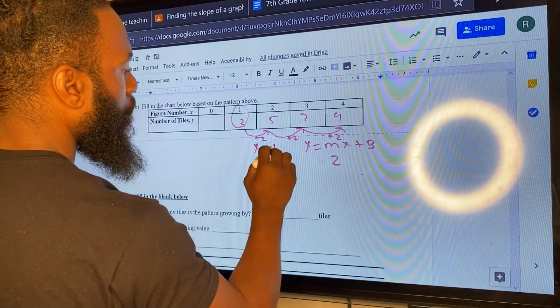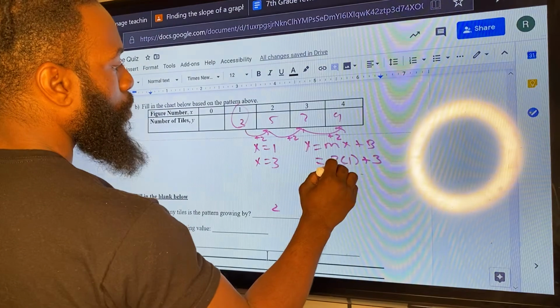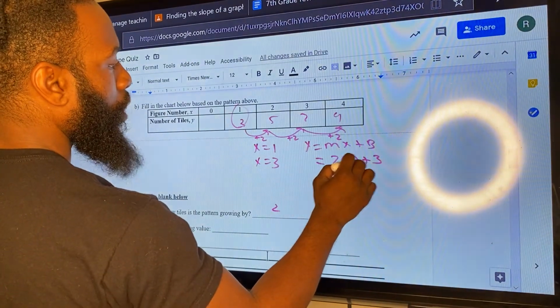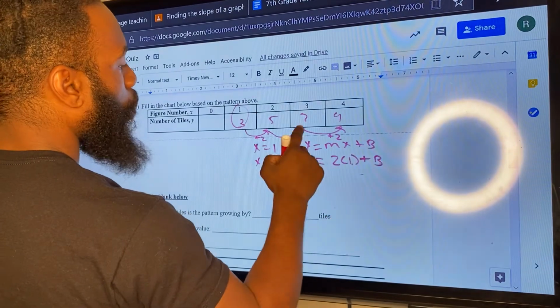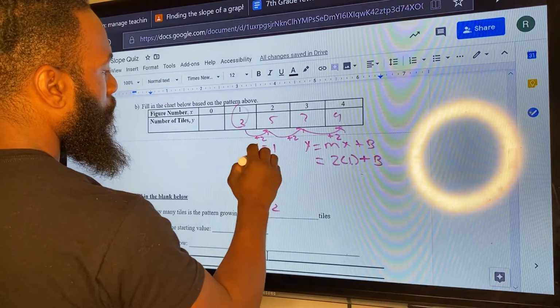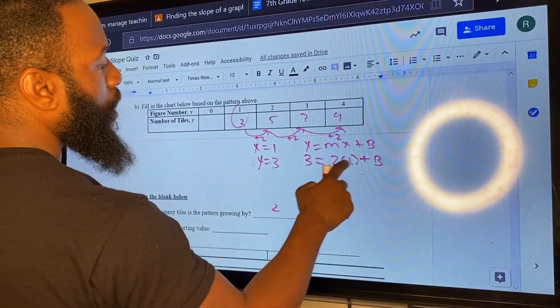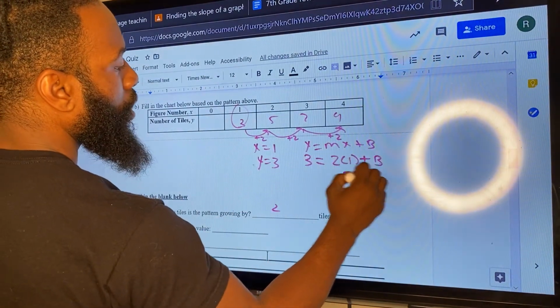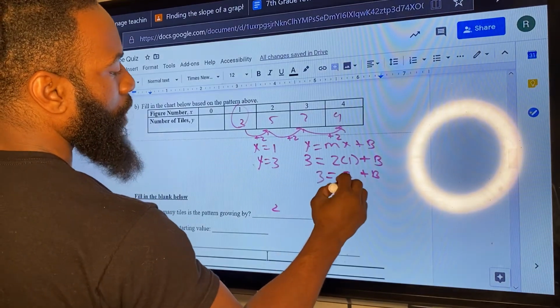So 2 times 1 plus B. Oh, we don't have B yet, sorry. Y is 3. Sorry about that, because we're solving for B. 2 times 1 is 2, plus B equals 3. To eliminate this, we do the opposite of positive, which is a negative.